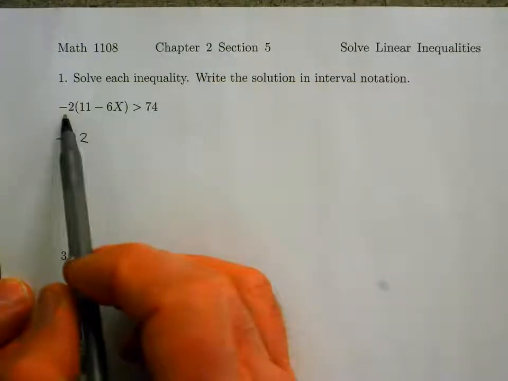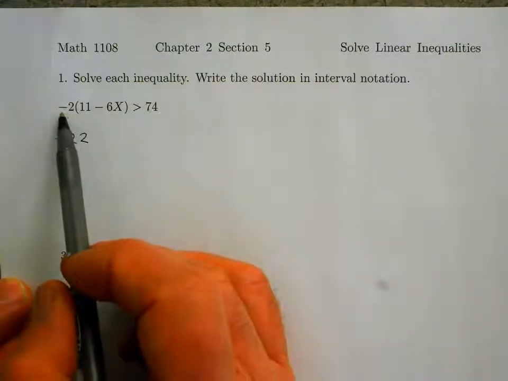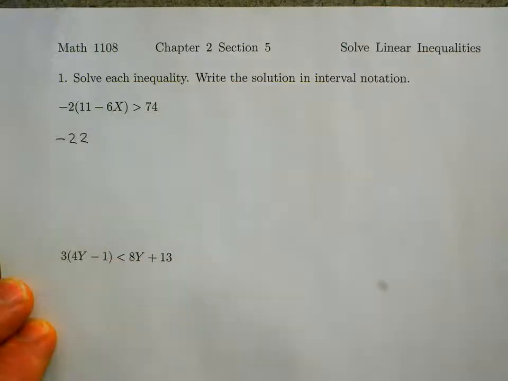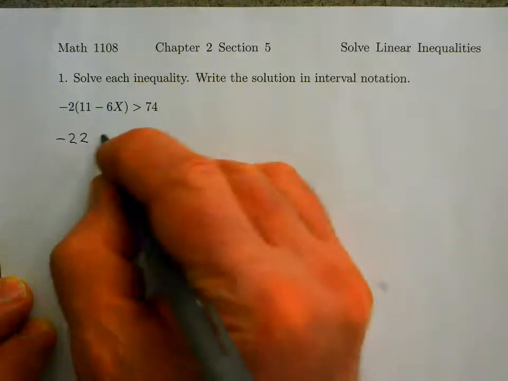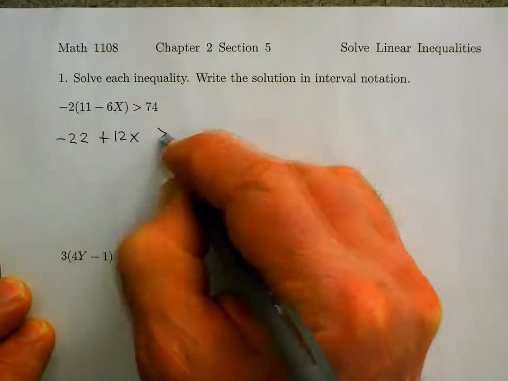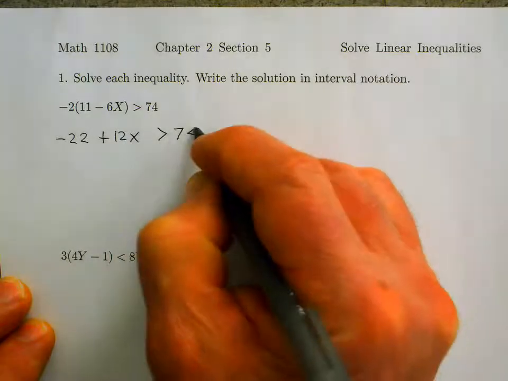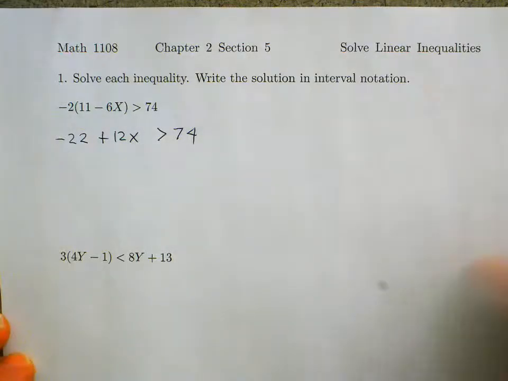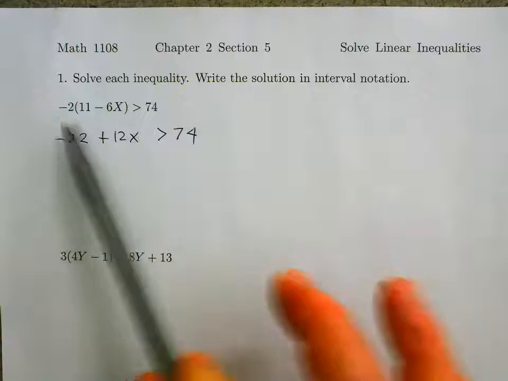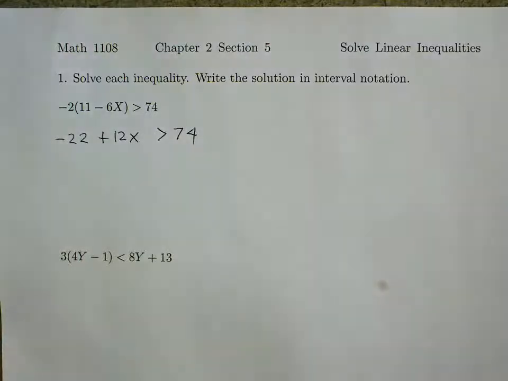So it's okay for you to remember a -2 times a -6x is positive 12x. So we can just write plus 12x, and then this is greater than 74. So always watch out for the negative symbols in the subtractions.